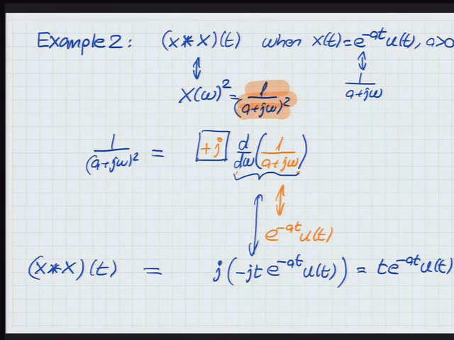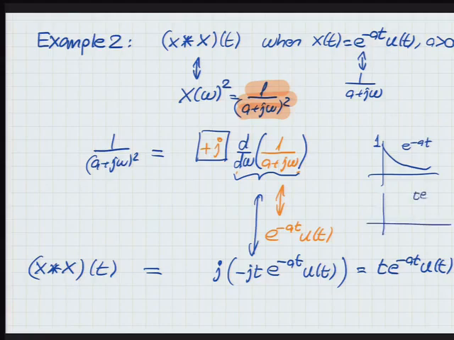How does that compare to e to the negative at? E to the negative at looks like this, right? It starts at 1, decays. Where does t times e to the negative at start? Again, because of u, they are both 0 before 0, right? So where do I start? 0, right?